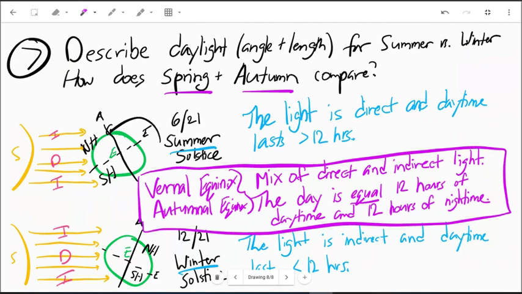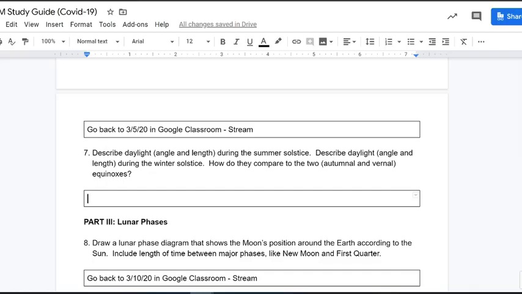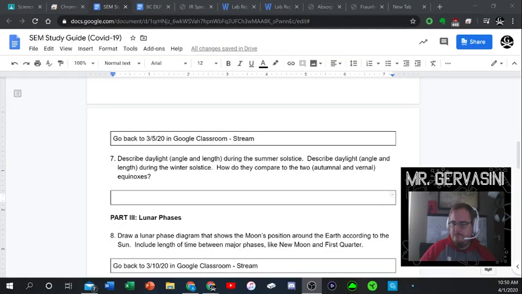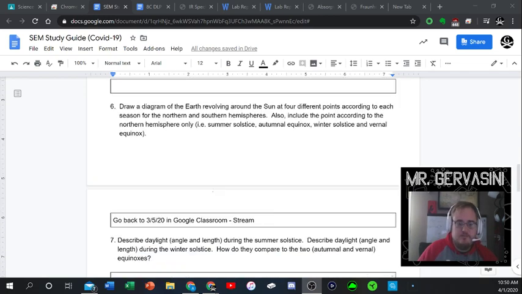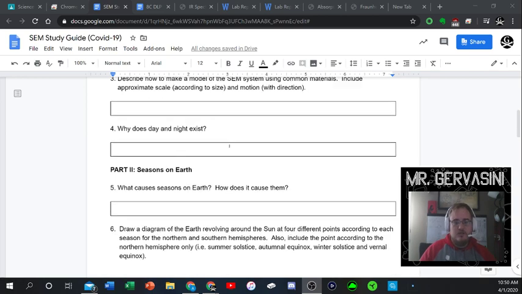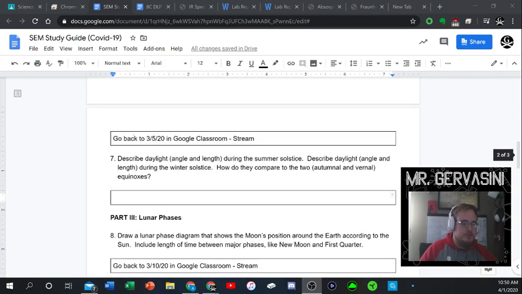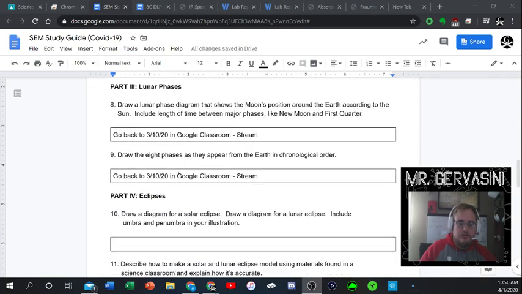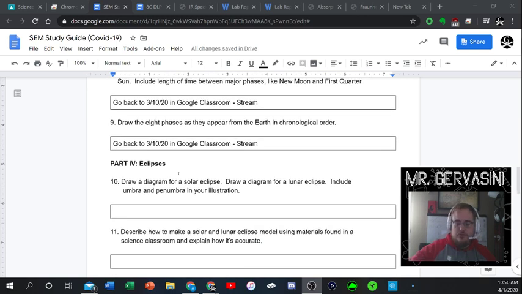So this study guide itself, this is obviously not going to be a grade like the previous study guides. I didn't grade you on your study guide, but this is preparation. The test is multiple choice with justification, right?